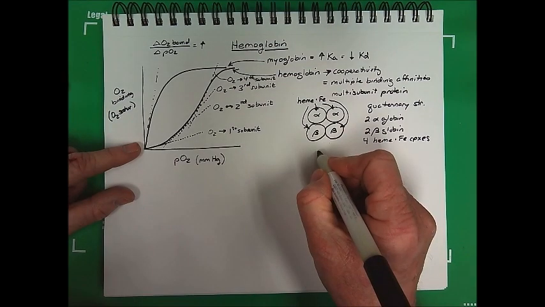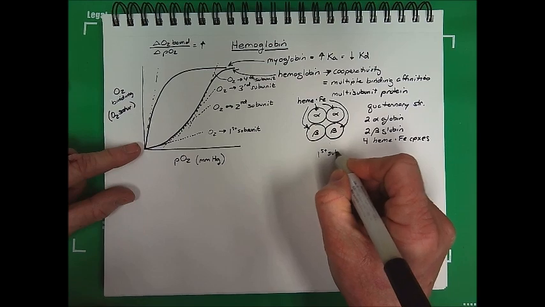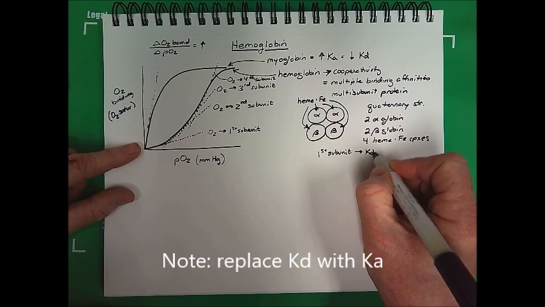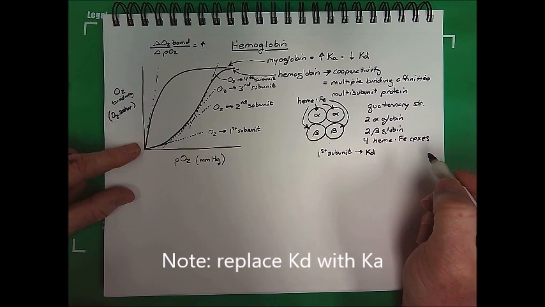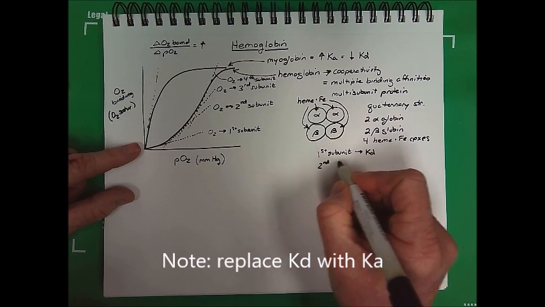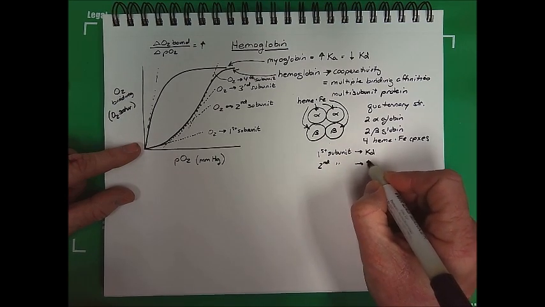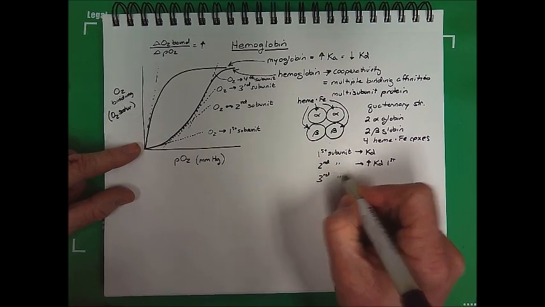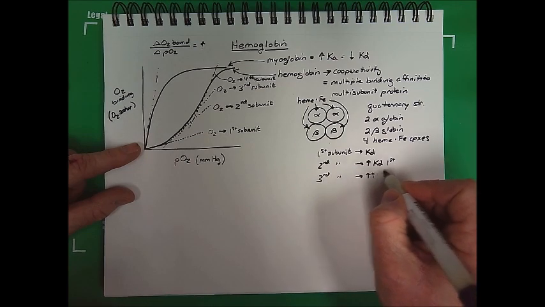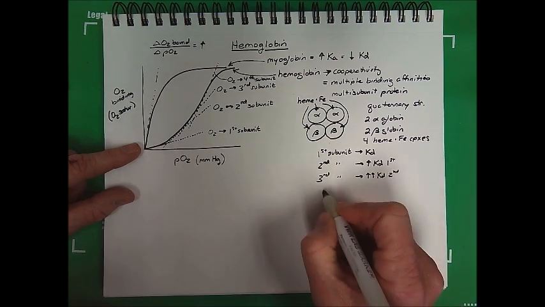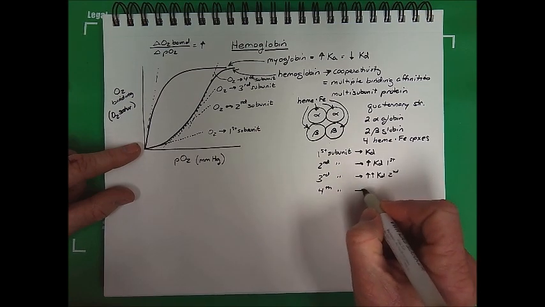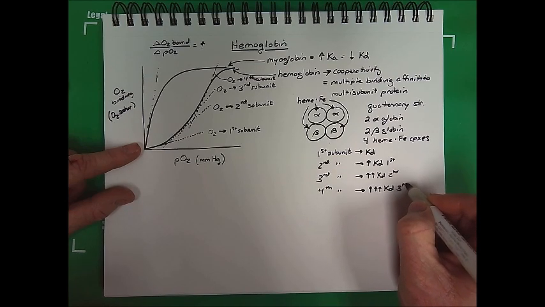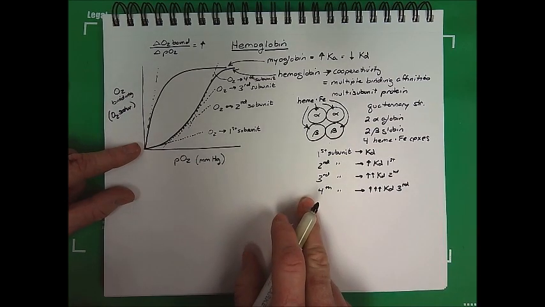So what this indicates is that the first subunit has a specific KD measurement. The second subunit has a higher KD than the first. The third subunit has an even higher KD than the second. And finally, the fourth subunit has the highest binding affinity of all of the subunits.